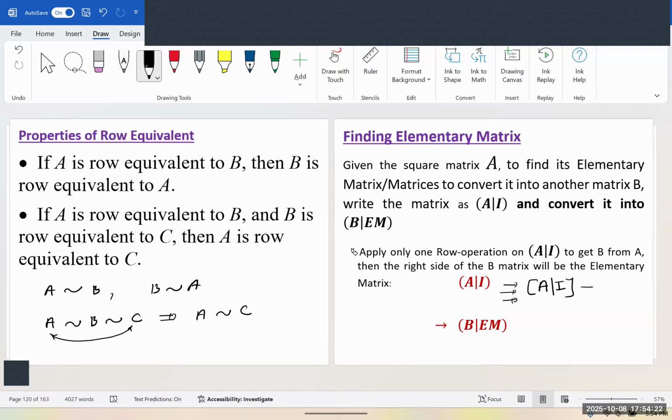Eventually we'll stop when this turns into B. And then whatever we have on the other side once you do the operations, that is our elementary matrix.